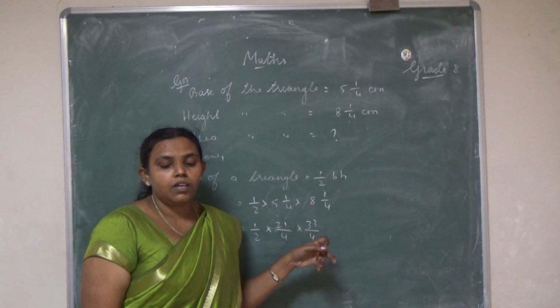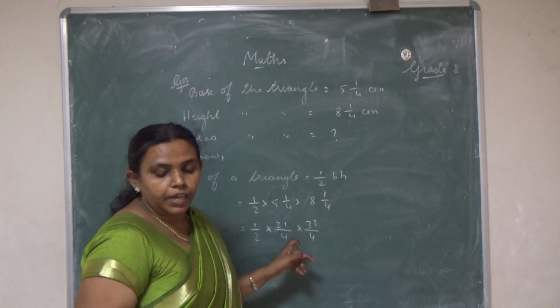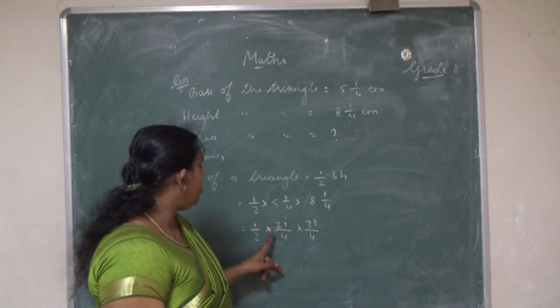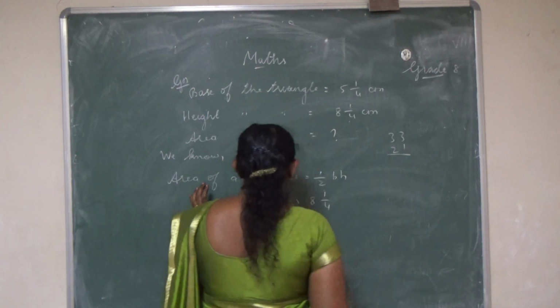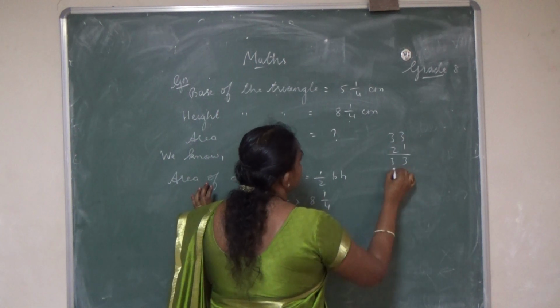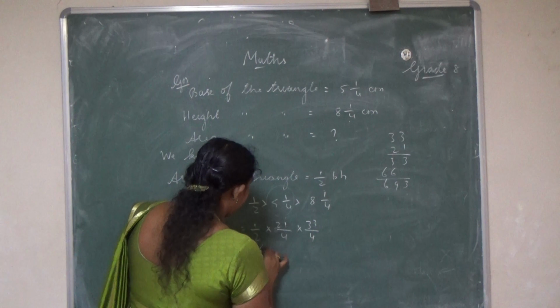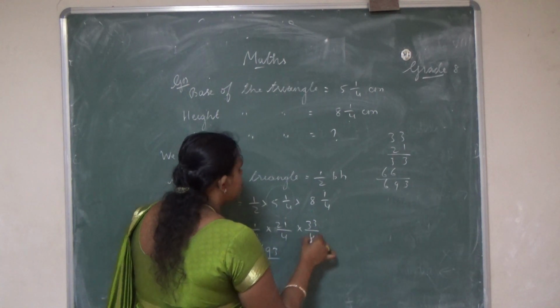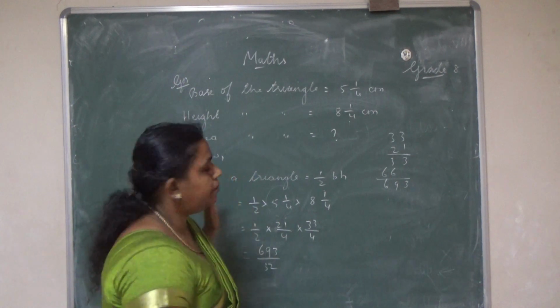Set. So I don't know how many of you remember and how many of you did not remember. So now what you have to do? You have to multiply 33 into 21, which is equal to 693 by 4 2s are 8, 4 4s are 16, 32.